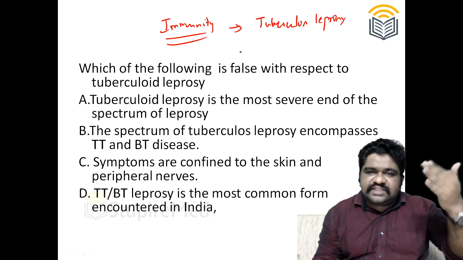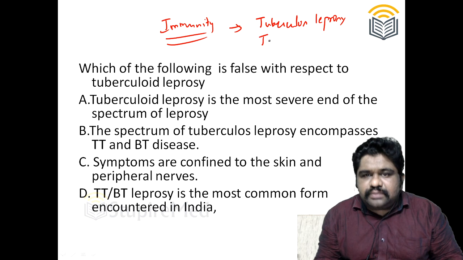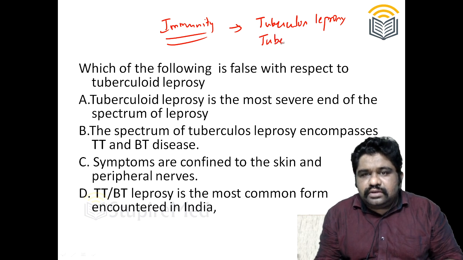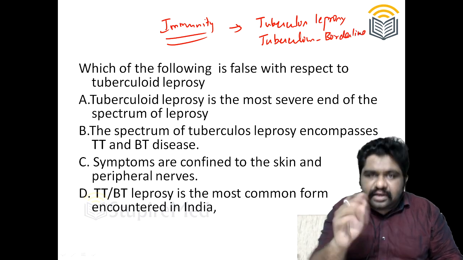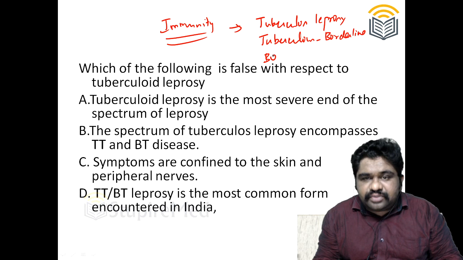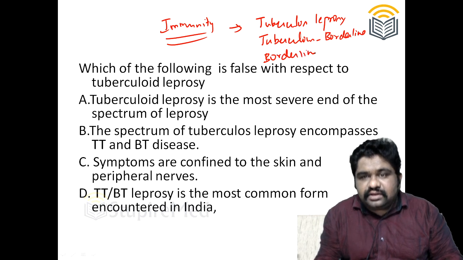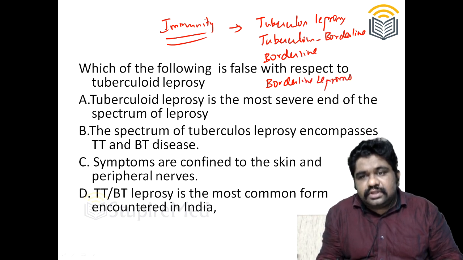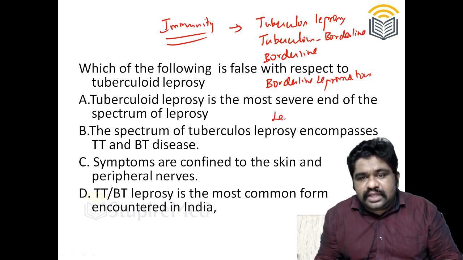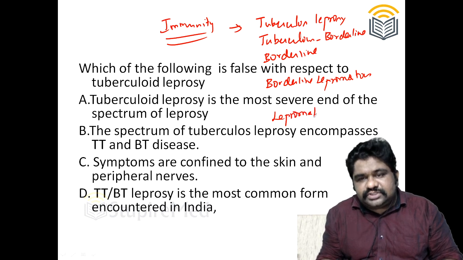Slowly, when the patient has less and less immunity, it becomes borderline tuberculoid. Then we have borderline, then borderline lepromatous, and the worst situation would be lepromatous leprosy.